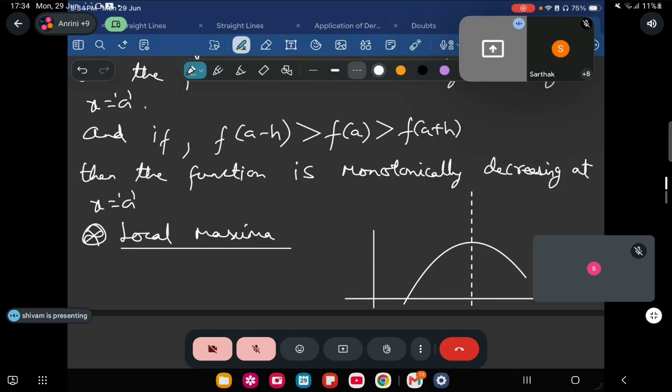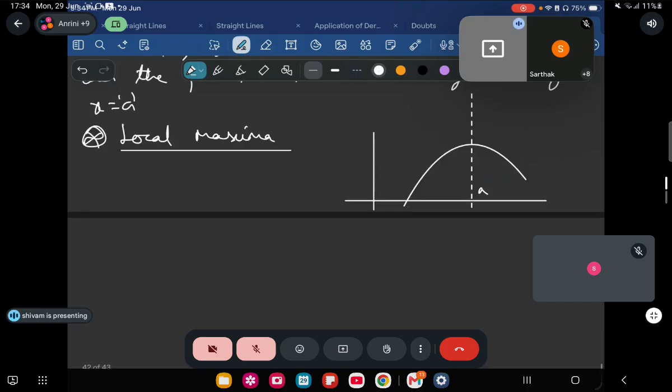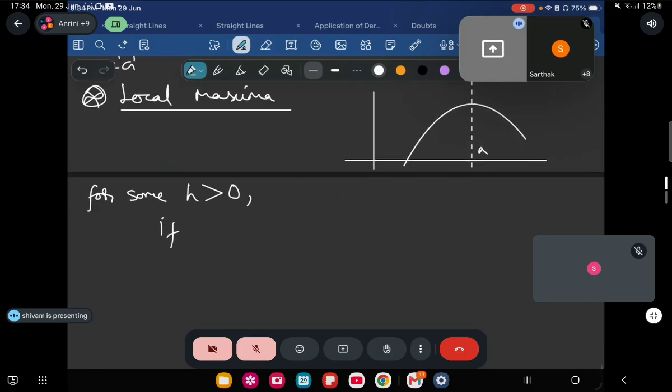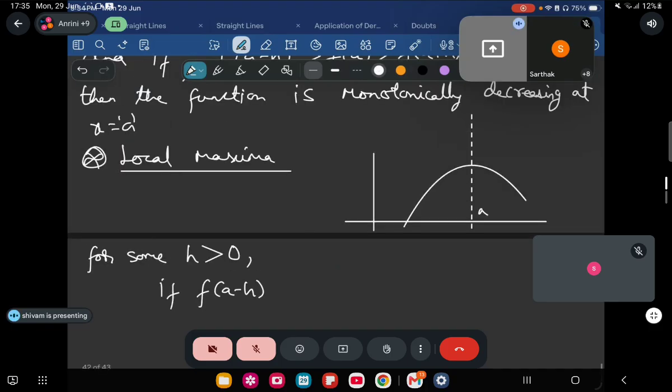This is point A. For some h greater than 0, h is again that neighborhood, a very small quantity.